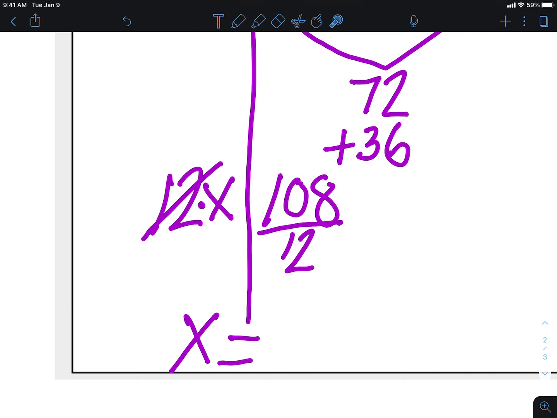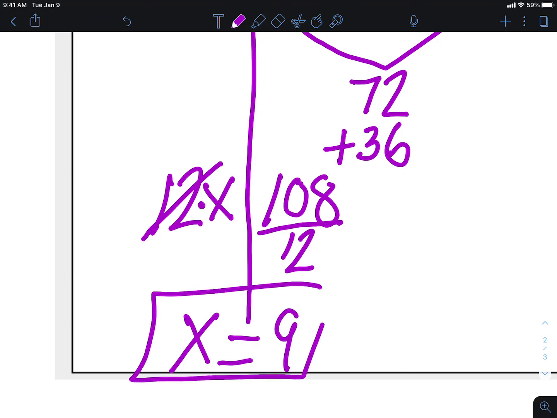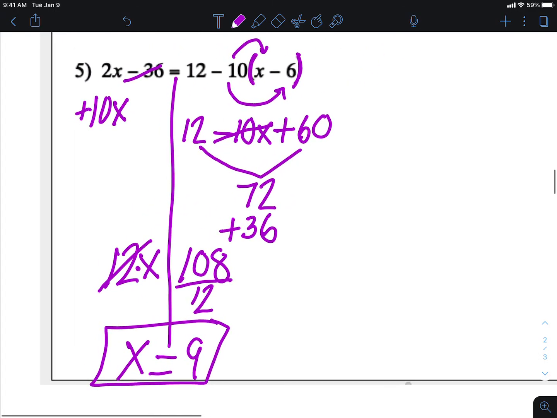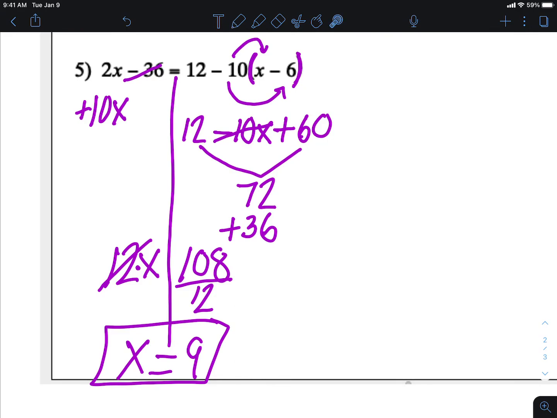And 108 divided by 12 is 9. There you go. Definitely multi-step, lots of steps. But the key was it had distribution. It had these parentheses right here, which meant distribute. Multiply.